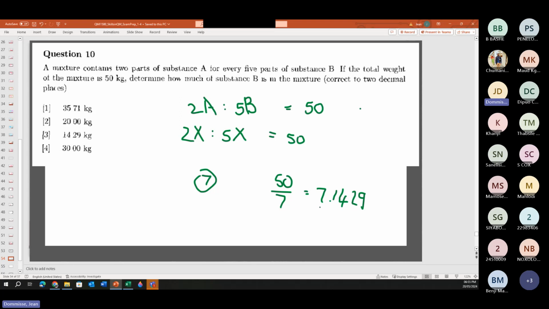Okay, but then I would have said multiply by 2 parts A, 5 parts B, so I would have then multiplied that by 5 to get 35.71.